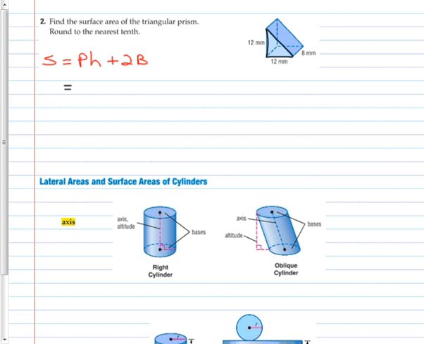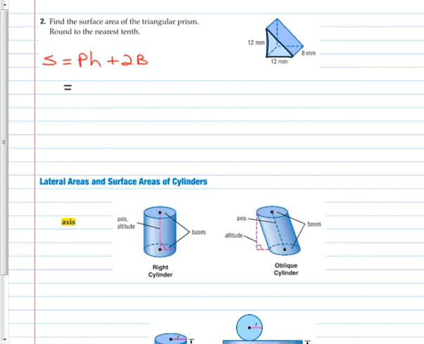Why can't I call this 12 by 8 rectangle down here on the bottom the base? If I push that rectangle up, do I get this shape? No. You would get a rectangular prism if you push that one up. You would get one of these things if you push that base up. So I need to make sure I identify what the base is.